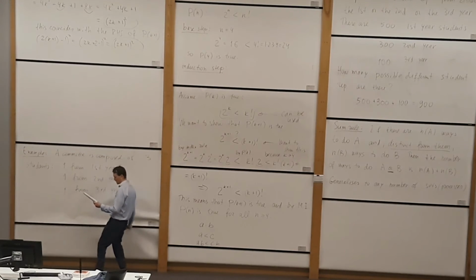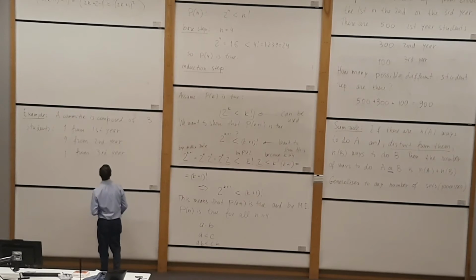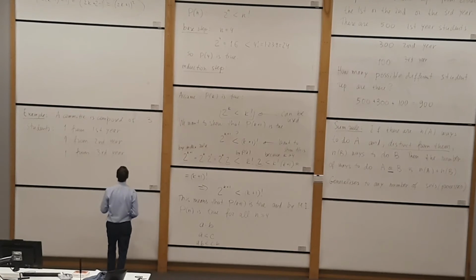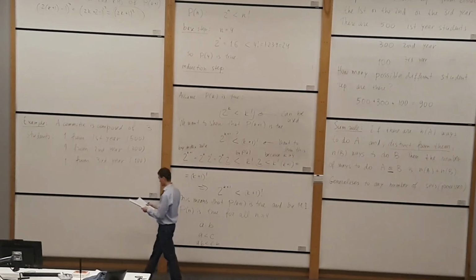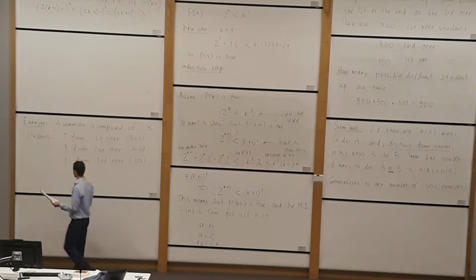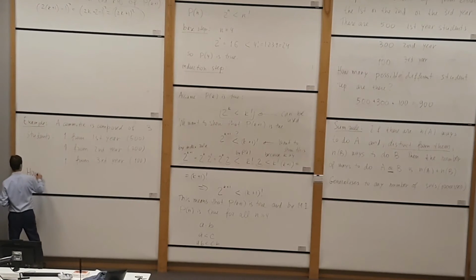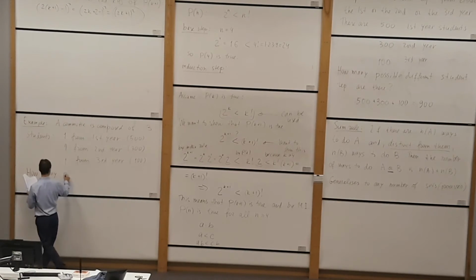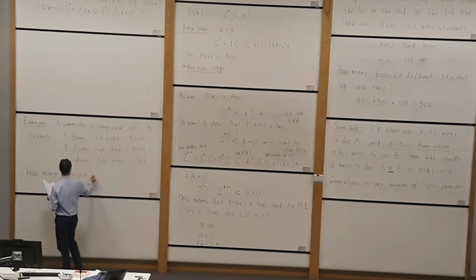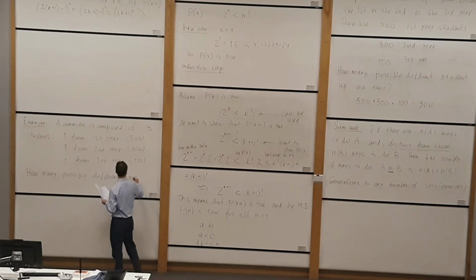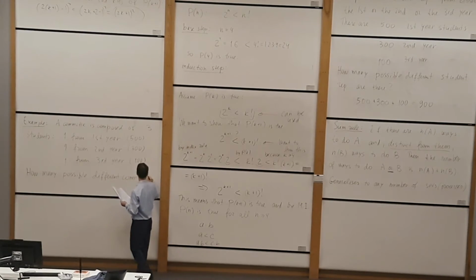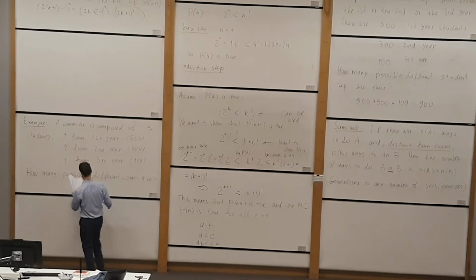Assuming that the numbers for first, second, and third year are the same, namely 500 here, 300 for the second year, and 100 for the third year, how many possible different committees are there?